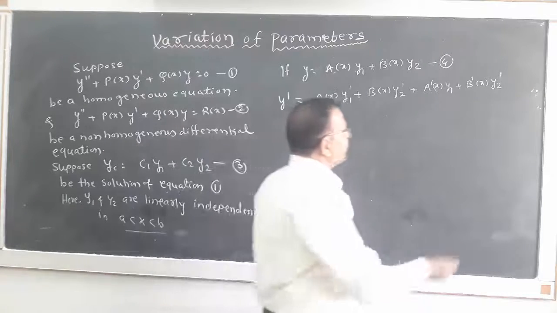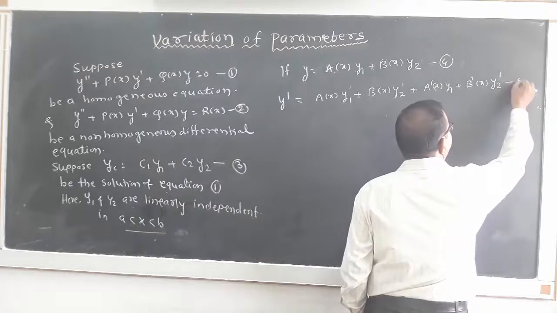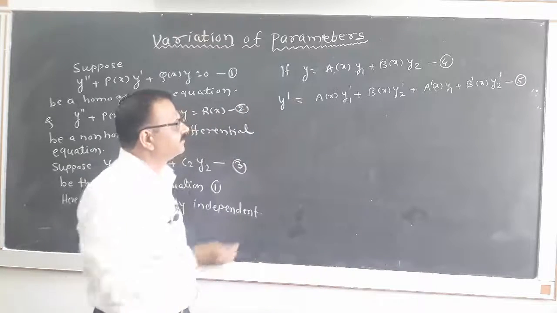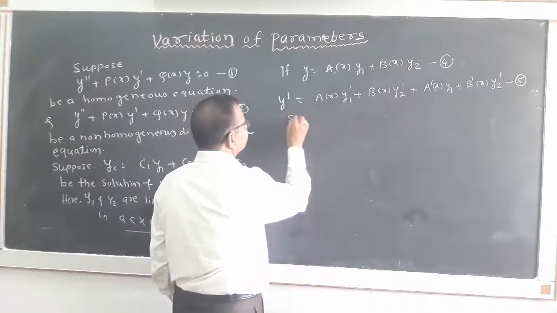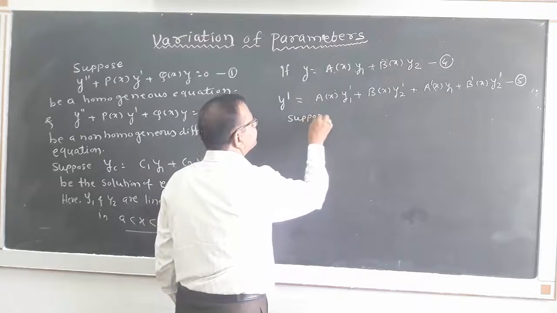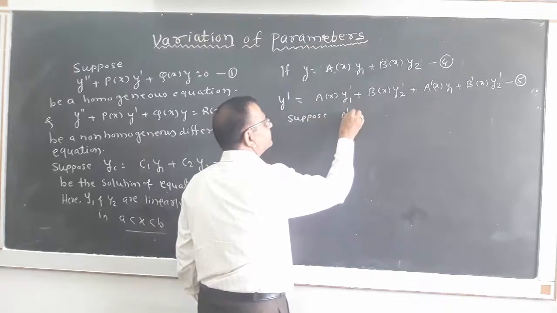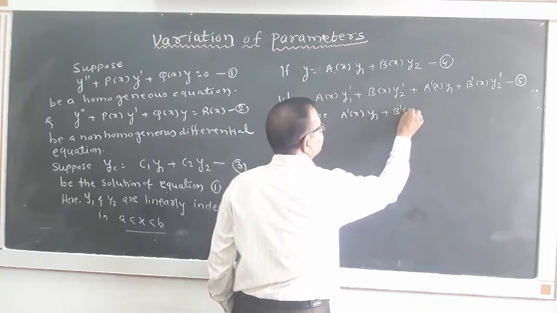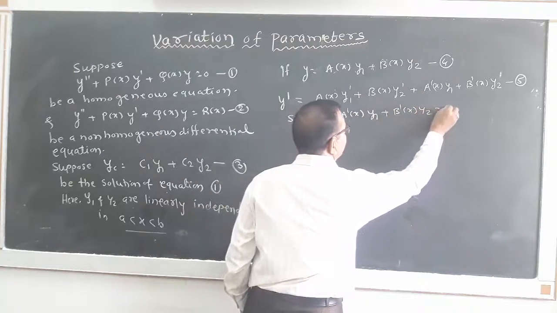Suppose this is equation 5. Here, if we impose a condition, suppose a dash(x) y1 plus b dash(x) y2 equal to 0.